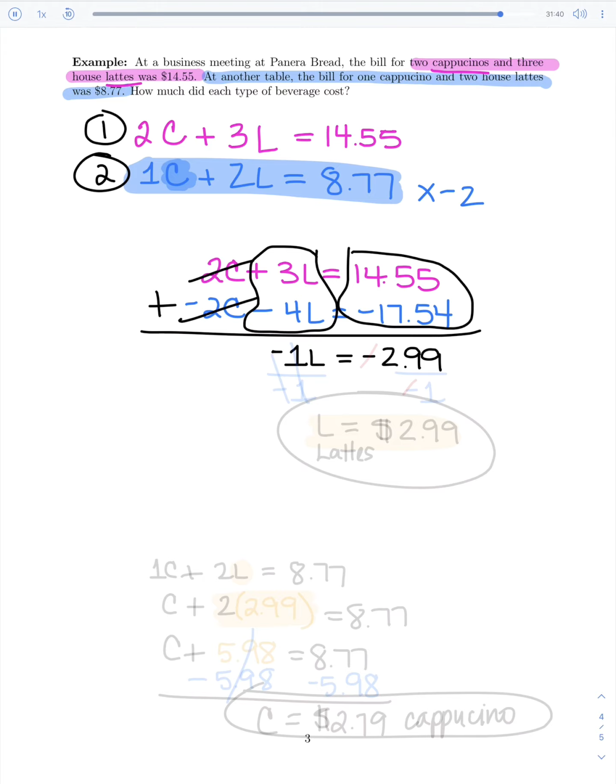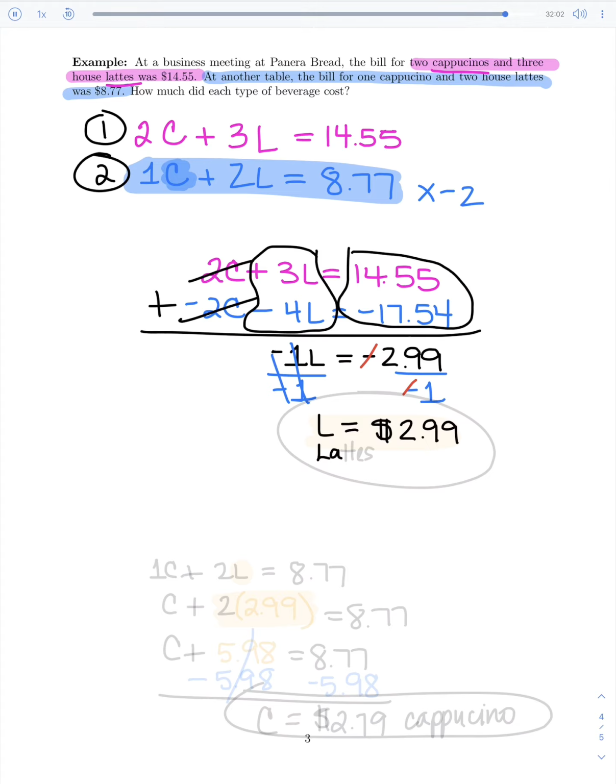Almost done. Now I have to get rid of that -1 by dividing both sides by -1. The 2 negatives cancel out, giving me that my final price for L is $2.99.